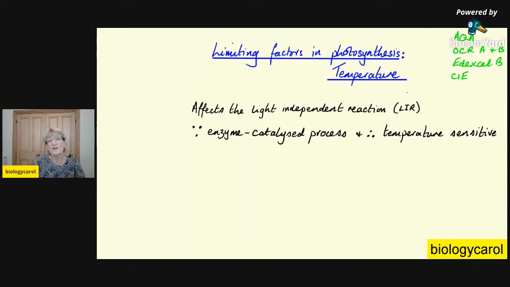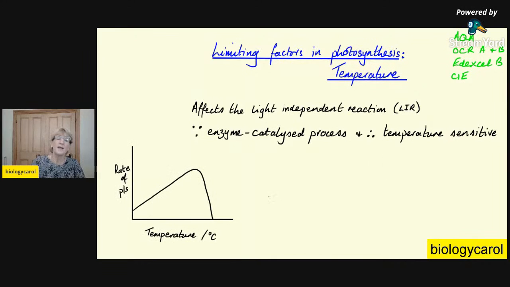Because the Calvin cycle, the light-independent reaction, is an enzyme-controlled process, an enzyme-catalyzed process, and therefore, if enzymes are affected by temperature, then any metabolic pathway will be affected by temperature. And here is your graph for the effect of temperature. This is the effect of temperature on enzymes, and therefore it's the effect of temperature on the rate of photosynthesis.